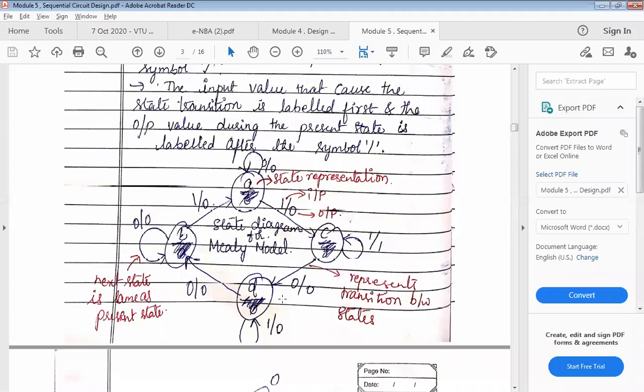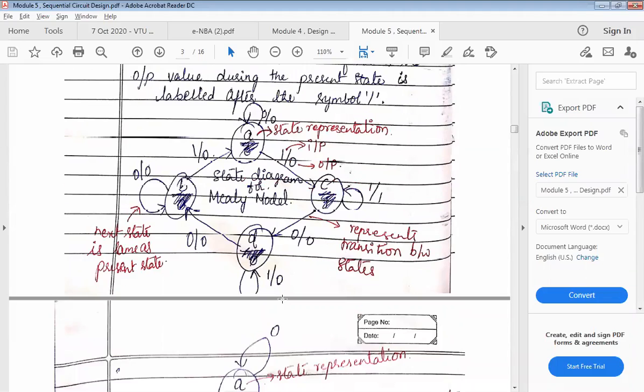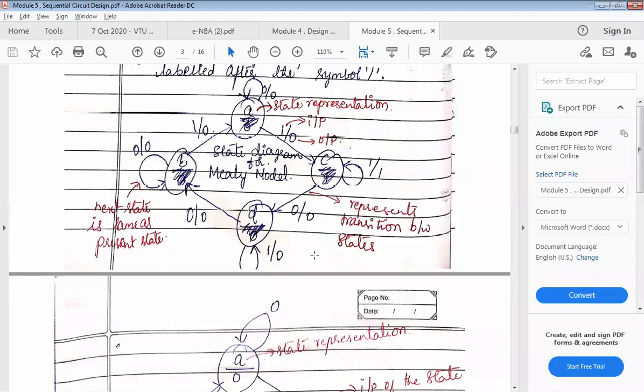Yes, sir. When we solve problems, then we can try to understand why it is 0 and why it is 1. I will explain that. Right now, we are just having a look at how the graph looks, what the parts of the graph are, what each is called, and why it is like this.